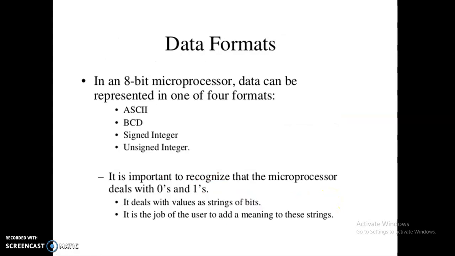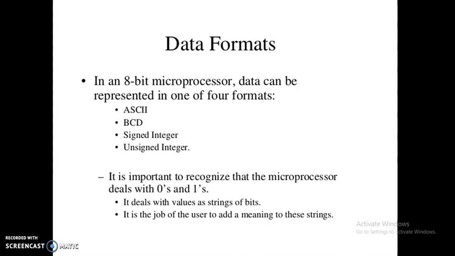Okay. Next one is data format. Data means the input you are going to give to the microprocessor kit for processing. That is called the data. Shortly we can call it the input given to the program.